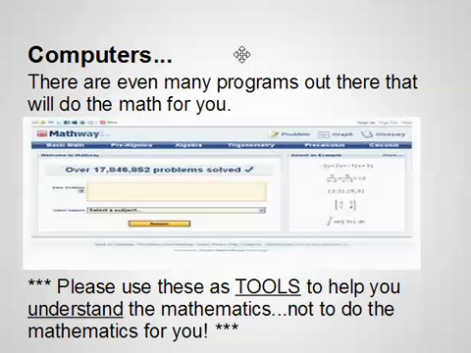And what I would recommend is maybe using some of those things if you'd like to help check your answers, but you certainly want to understand how to do the math, because when you get to a quiz or a test or any of the standardized tests, or if you're planning on going on to college, you might not always have those resources there. So they're great resources, but use them appropriately.